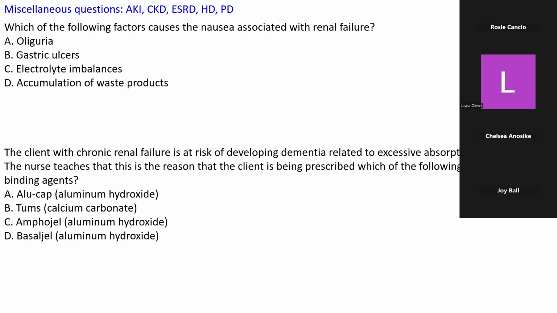So the Tums are prescribed to avoid dementia related to high intake of aluminum. And also Tums are made from calcium carbonate, which binds phosphorus in the GI tract. All the medications except Tums are not good for patients with kidney failure because of the aluminum.